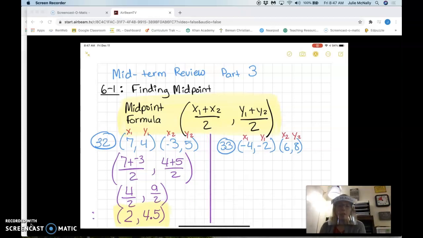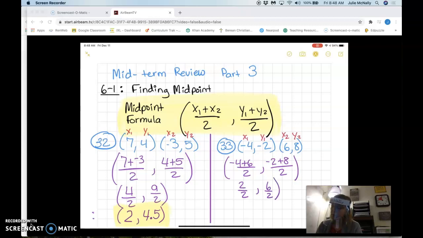And so we'll do the same for this one. We're just going to add the x's, negative 4 plus 6, put it over 2, and add the y's, negative 2 plus 8, and put it over 2. So negative 4 plus 6 is going to be 2 over 2, and then negative 2 plus 8 is going to be 6 over 2.